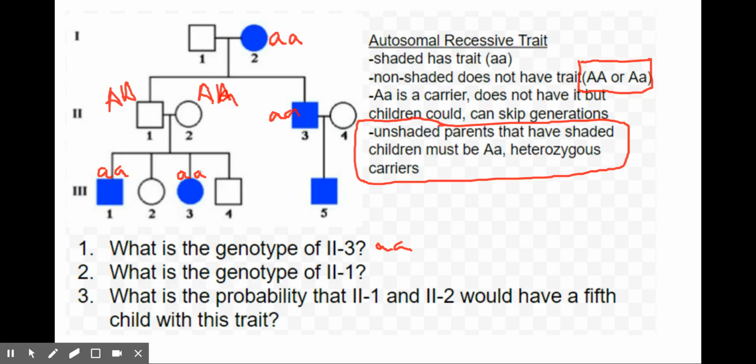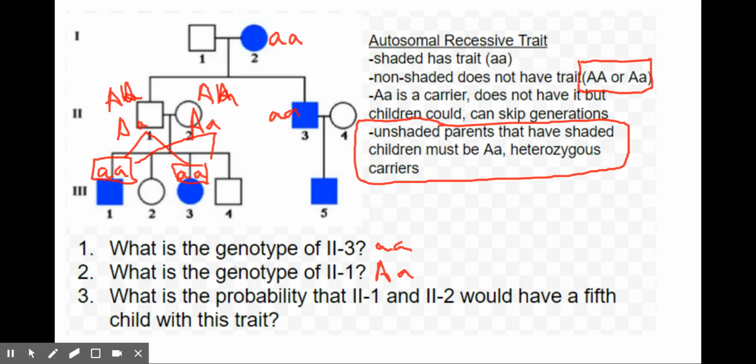No. The only way these children get both small letters is if both of the parents are carriers, because then they can pass on the little a's to their offspring. So that is the answer for 2-1. 2-1, they're that.